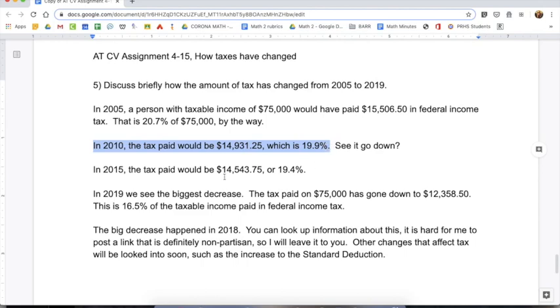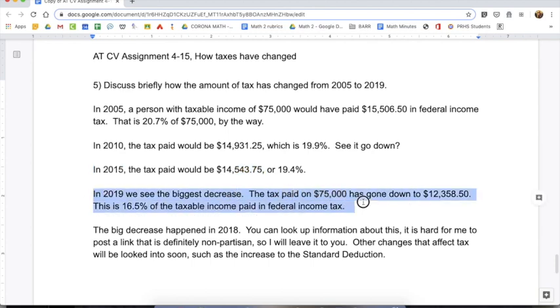That's 19.9%. 2015 gave us 19.4%, which came out to be $14,543.75. And then in 2019, we see a big decrease. The tax paid on $75,000 we just calculated is $12,358.50. It's still a lot of money, but that has gone down from over 20% down to 16.5%. That is definitely a tax break.